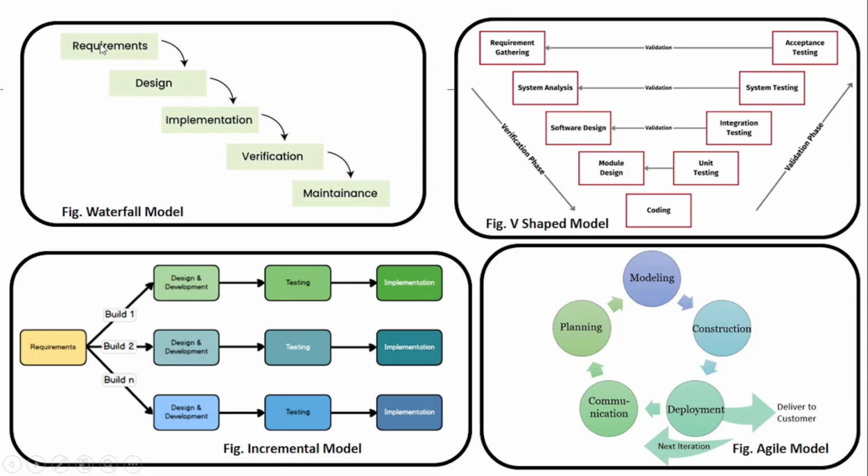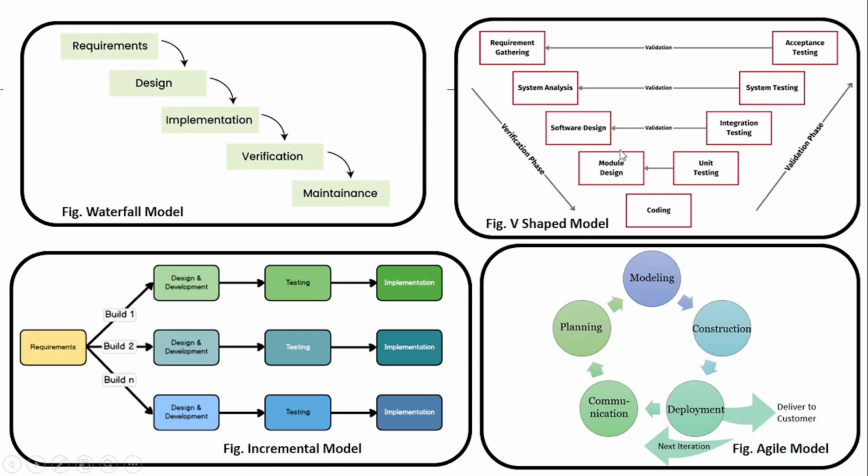It starts with gathering requirements, then performing the design of the application, then based on that design, the developer starts with the implementation of that application. After implementing the application, the next stage is to perform the verification of that application, and then further perform the maintenance of that application based on that verification and validation process. So this is about the waterfall model.